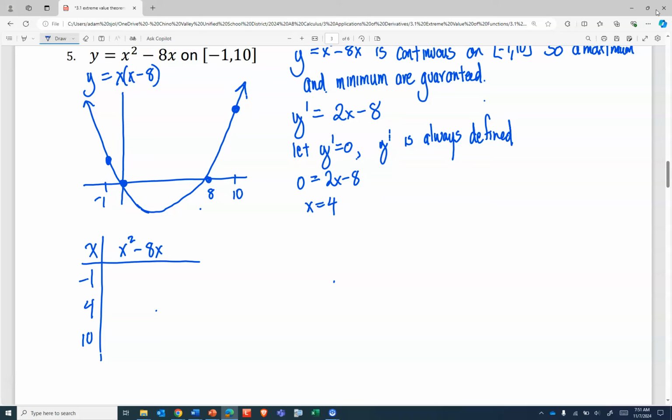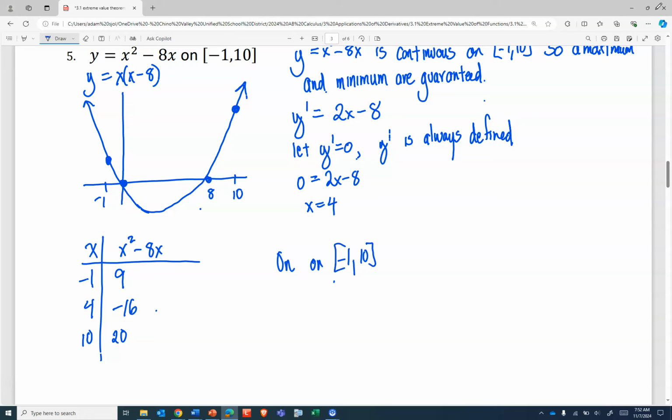Okay, so negative 1 squared minus 8 times negative 1 is 9. 4 squared minus 8 times 4 is going to be 16 minus 32, negative 16. And 100 minus 80 is 20. All right, time for a conclusion.